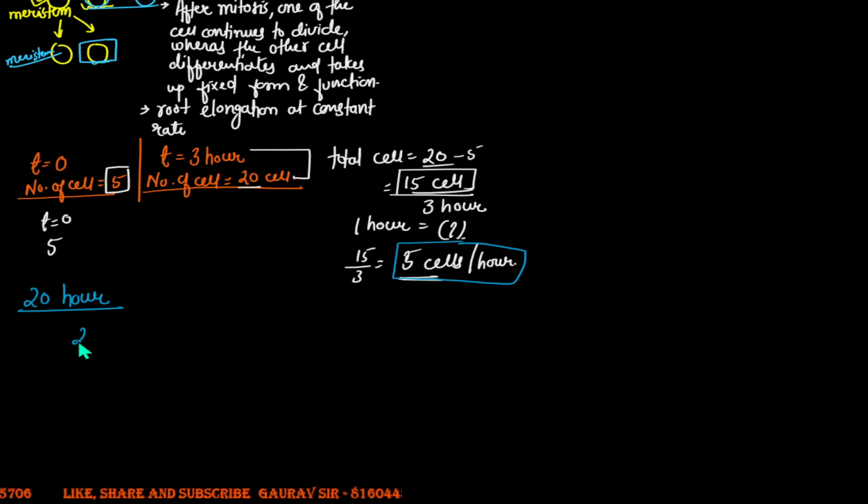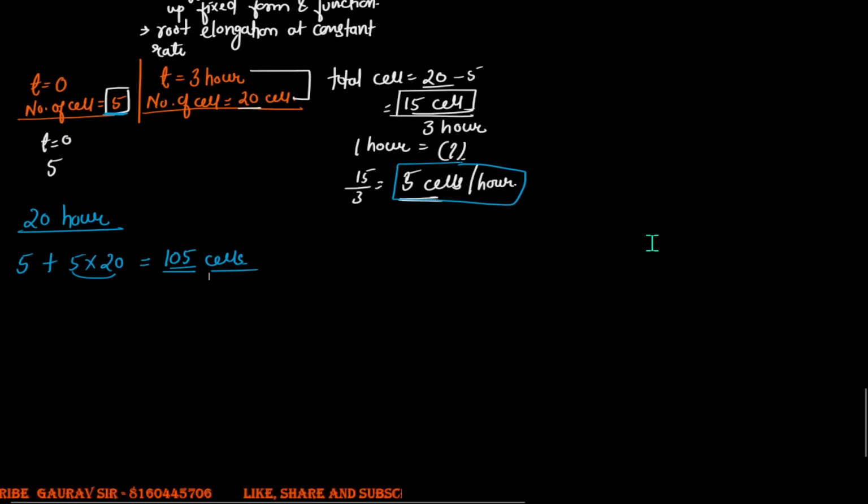So what we can do is 5 cells into 20 hours, and the initial number of cells that we had in the system was 5. So 5 into 20 becomes 100, and then you get 105 cells after 20 hours.